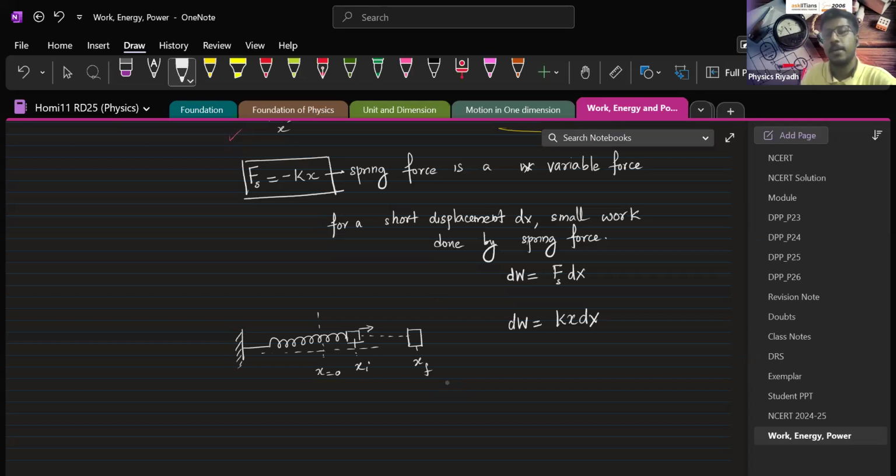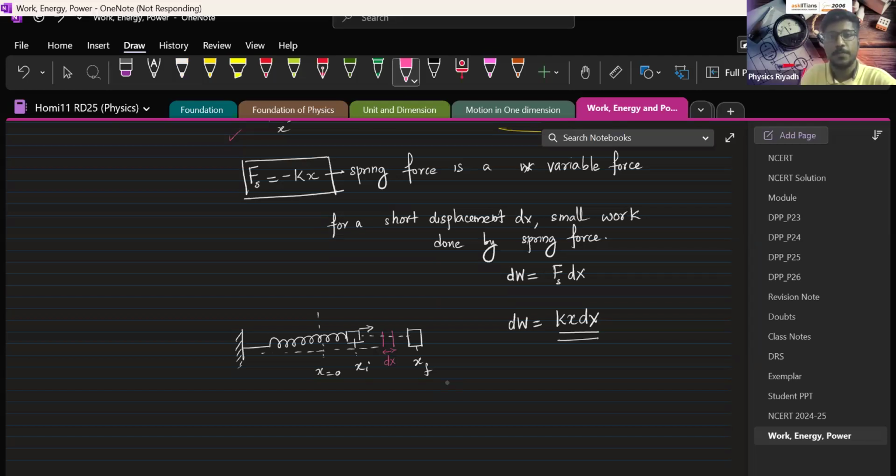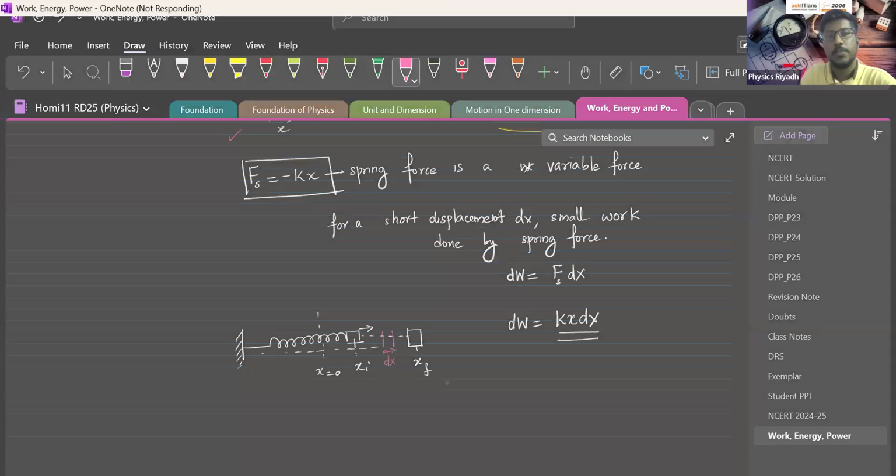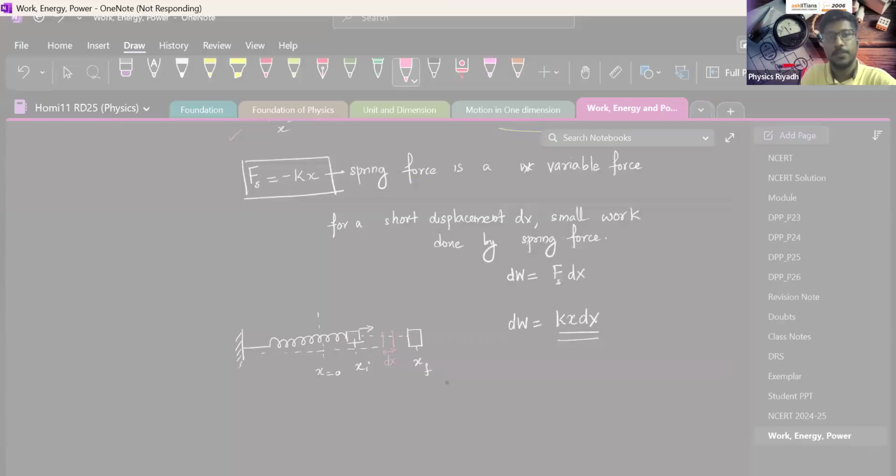We can't directly use F dot s, because the force is not constant, it's a variable force. So the work done for a very short displacement is kx dx, where kx is the spring force and dx is the small displacement. Now we need to integrate it. That's how we calculate the work done by a variable force.